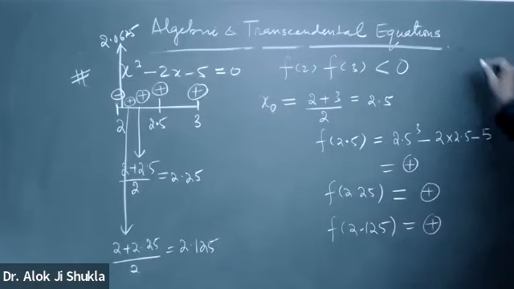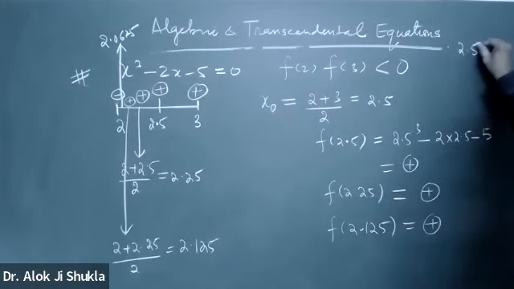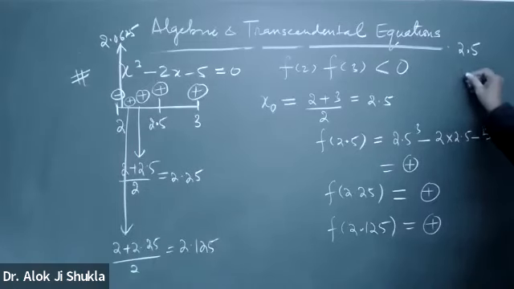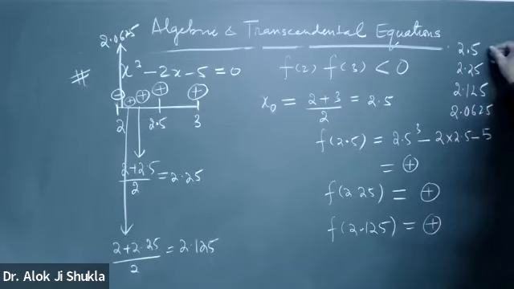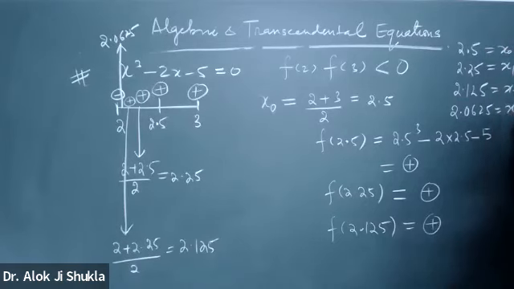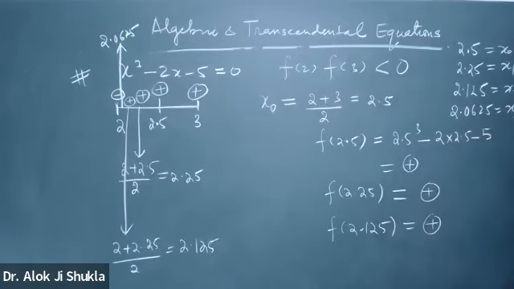So 2.5, then 2.25, then 2.125, then 2.0625. So if I call this x0, this is x1, this is x2, this is x3. So it is going like this. अब नेगेटिव आएगा.